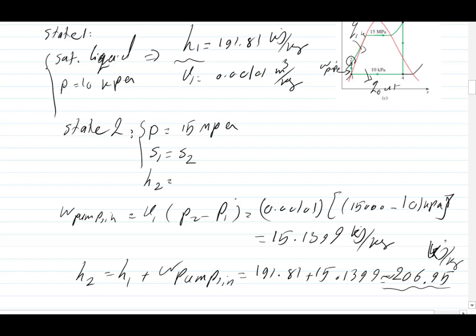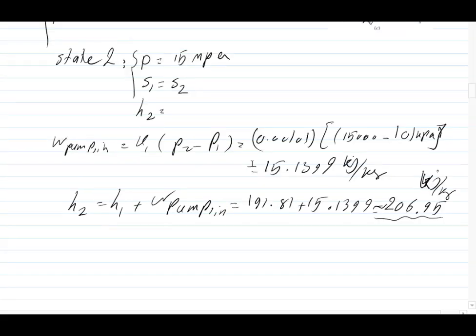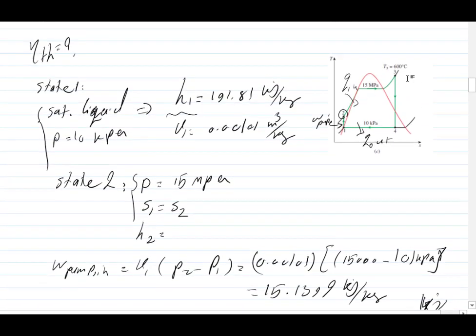Let's see how we can calculate enthalpy for state 3. To find the enthalpy for state 3, first of all, we should notice that state 3 is in the superheated area, and also we know the temperature and pressure for this state.